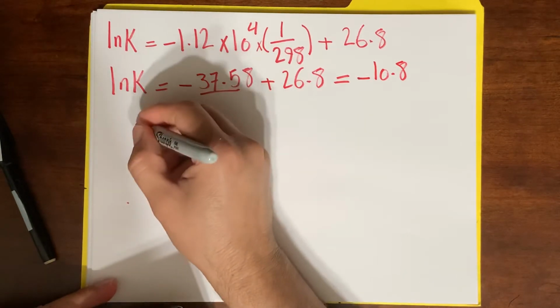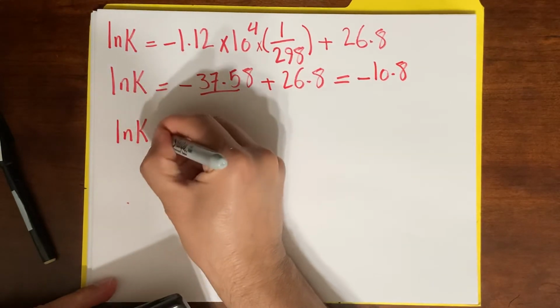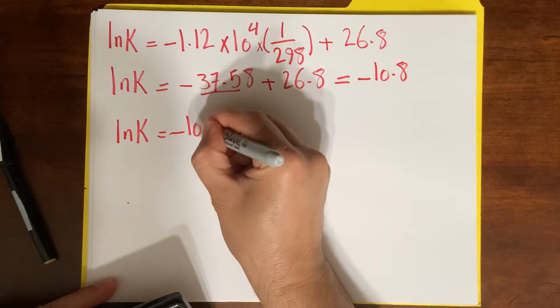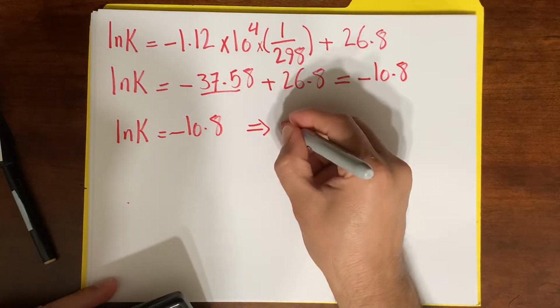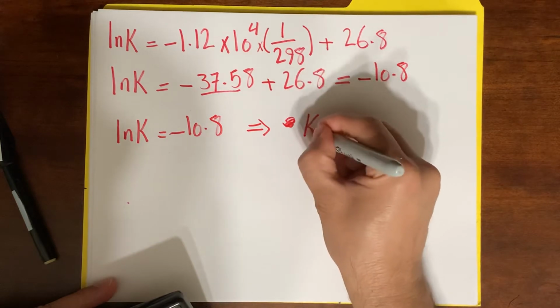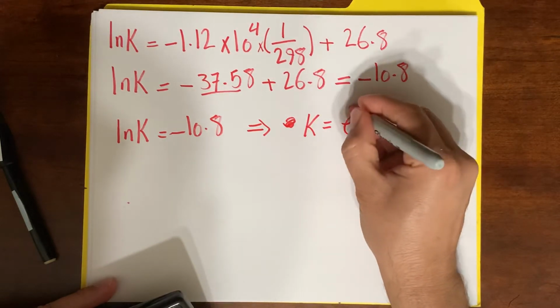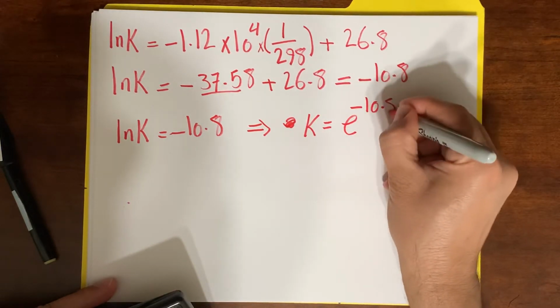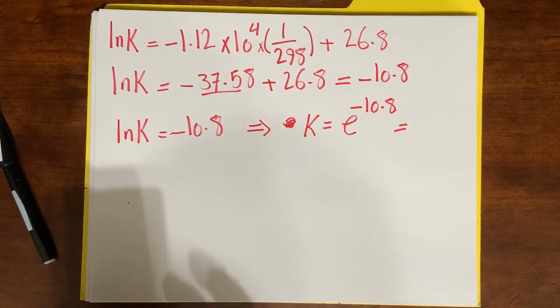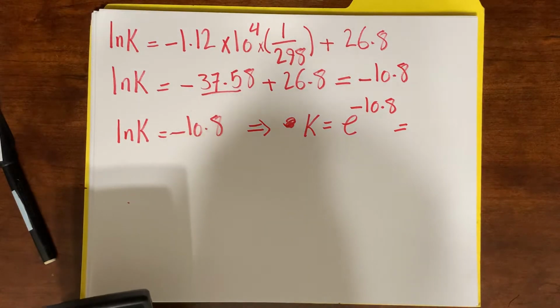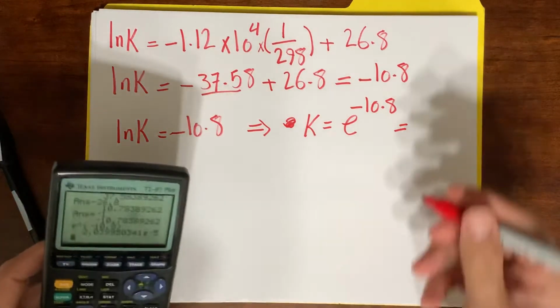So k will be e to the power of minus 10.8. Got it: 2.04 multiplied by 10 to the power of minus 5.